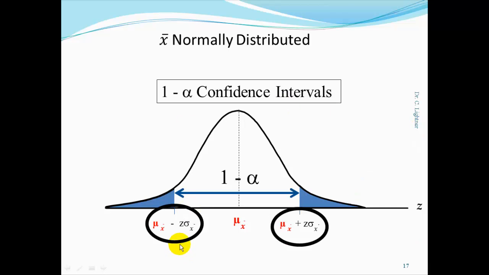We're going to use formulas similar to these endpoints in order to compute our 1 minus alpha confidence intervals for estimating a population mean. We refer to them as 1 minus alpha confidence intervals because 1 minus alpha of the area under the curve, or 1 minus alpha of all values, are going to fall within these endpoints.